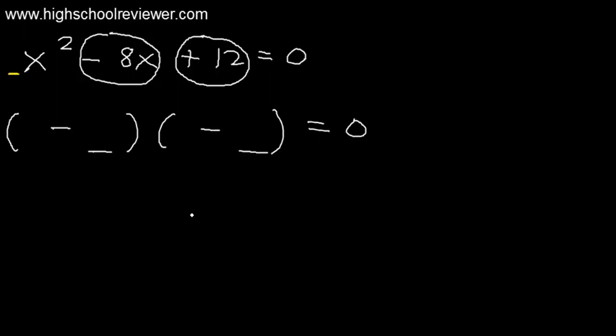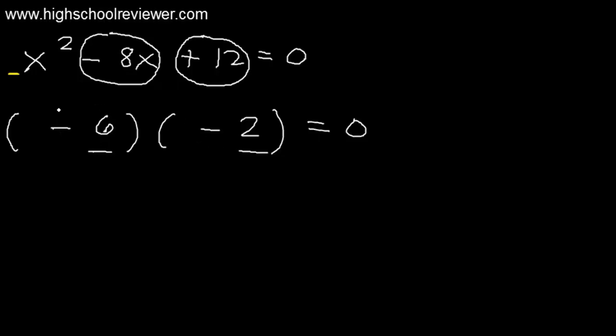Now what are the two factors of 12 that will give us the sum of negative 8? Let us try negative 6 and negative 2. Negative 6 multiplied by negative 2 is positive 12, and negative 6 plus negative 2 is negative 8.